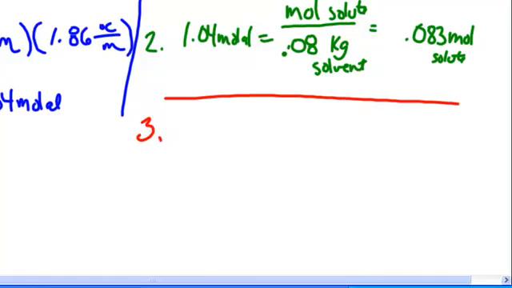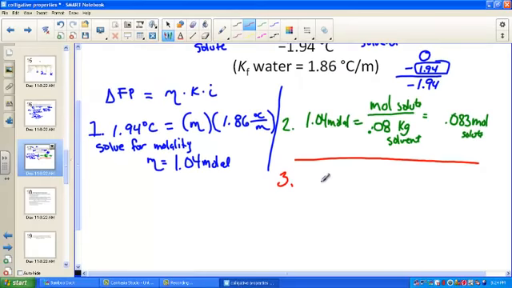Step 1, repeating myself: change in freezing point divided by 1.86, pulled out M, molality. We cross-multiplied molality times kilogram, and we found moles of solute. Moles, maybe just a round little buddy might be helpful to see that.